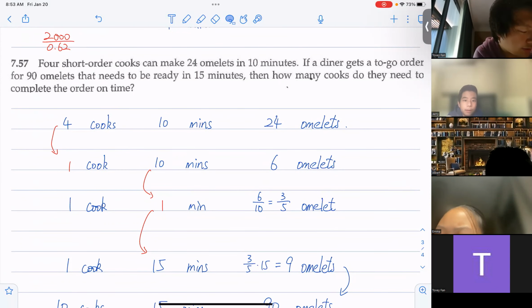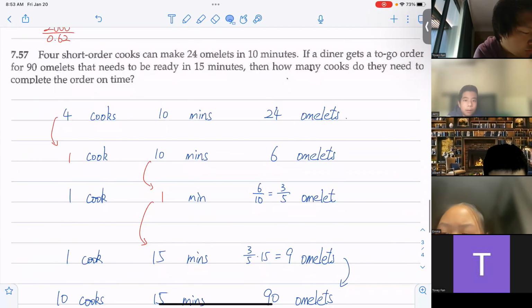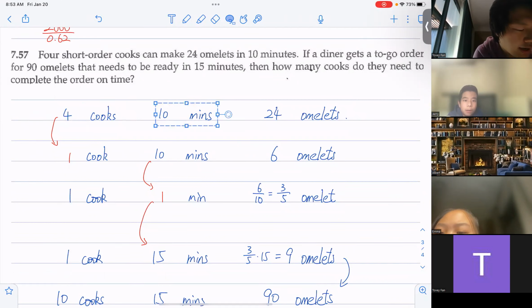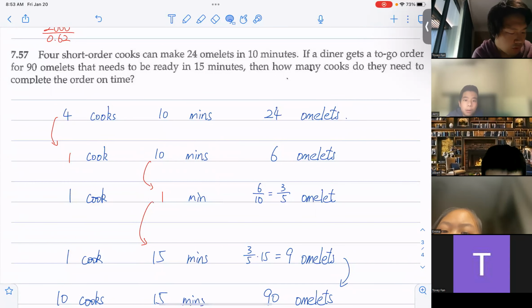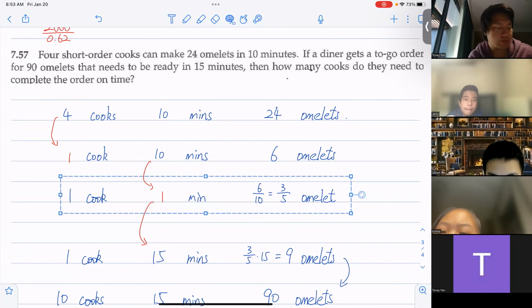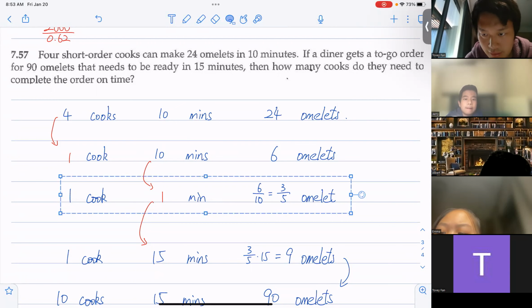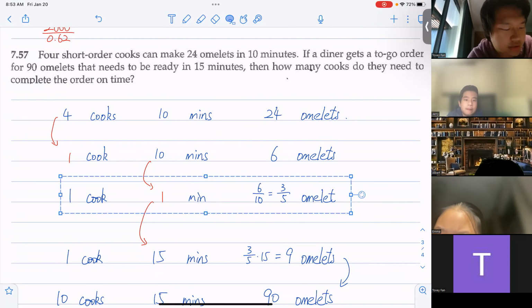In this kind of question, from 757, we list the information down, right? We have 4 cooks, 10 minutes, and they can make 24 omelets. And then we just first divide by 4 and then divide by 10. What are we doing? We are working out the individual work rate. For work rate problems, you always need to figure out what is the work rate of each person, like one person in one unit of time.